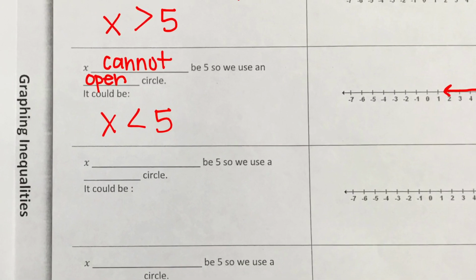All right, what's this next one? X is greater than or equal to 5? So can x be 5? Yes, because it can be equal to. So x can be 5. So now we're going to use a closed circle.